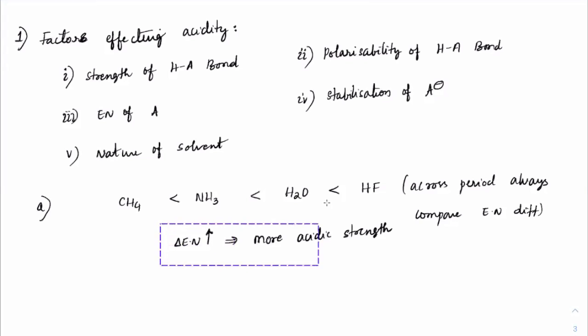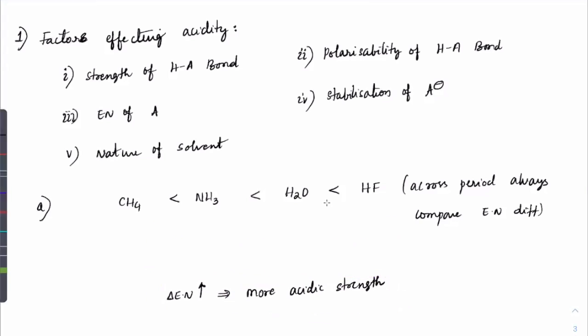In fact, if you check the pKa values, which I told you help us understand whether the acidic strength is more or less: methane is approximately 50, ammonia is around 38, water is around 15.5, and HF is 3. So the higher the pKa value, the less the acidic strength. The smaller the pKa value, the more the acidic strength.